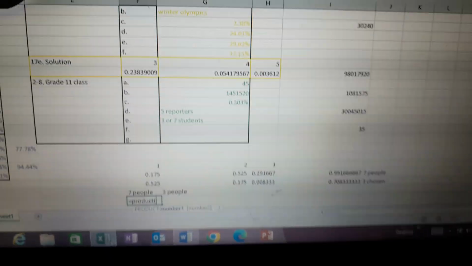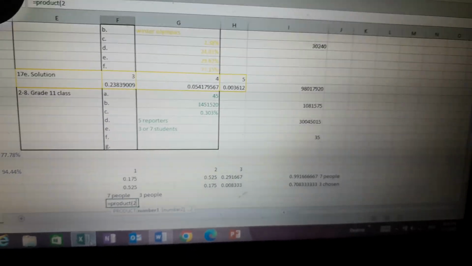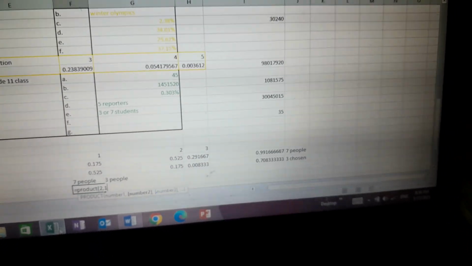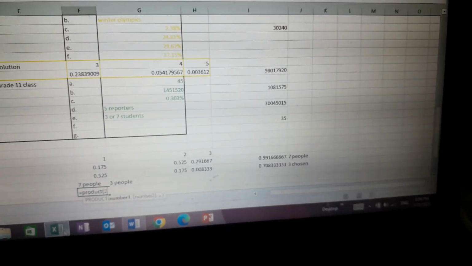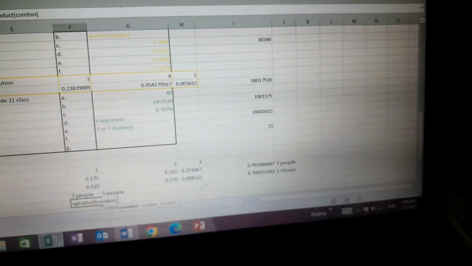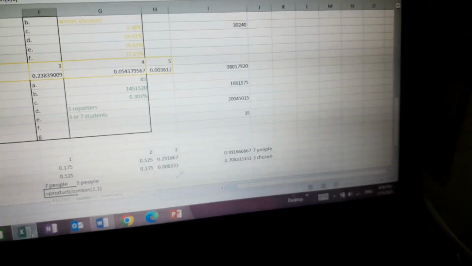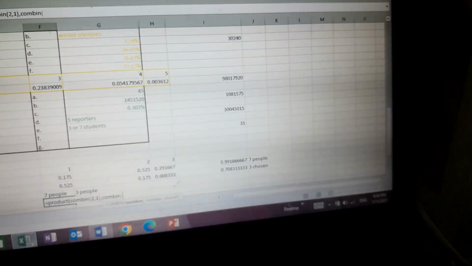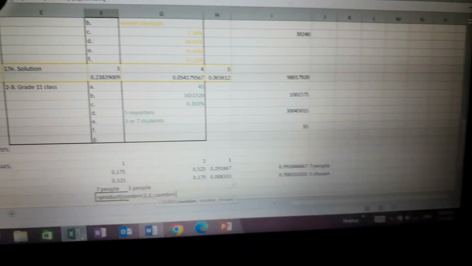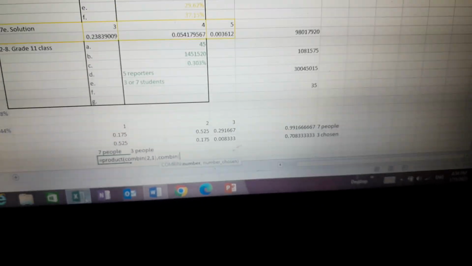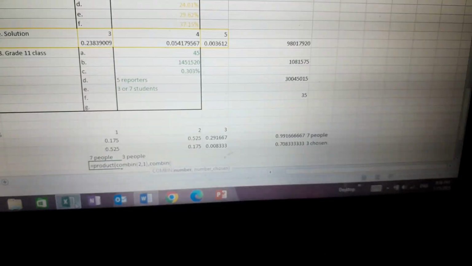Okay? So you really remember the formula. The product of, what is the probability of success? We have 2 people who are Princess Peach. So, 2C1. Product of combinations, I forgot. 2C1. And then combination of 8C6, because there are 7 people who are chosen, so we need 6 of the 8 other students whose roles are not Princess Peach.